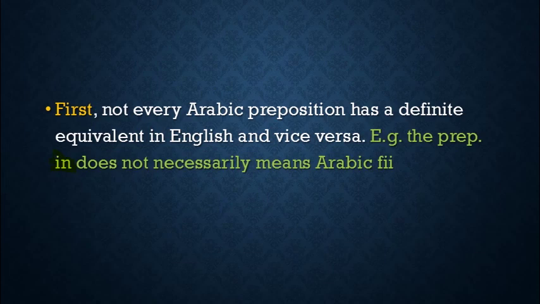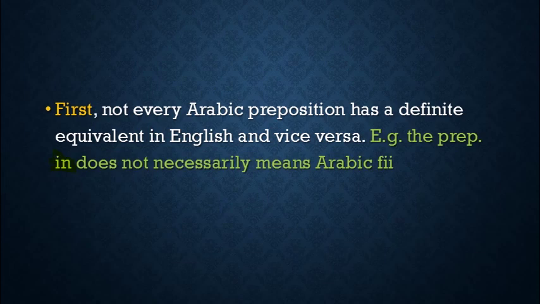Okay, but when you say, for example, he is interested in, he is interested in the Arabic language, in here does not mean في. If we translated it into Arabic, هو مهتم بي, actually not في القراءة, right? So it doesn't necessarily mean the same thing as في. They're not equivalents, not totally equivalents.